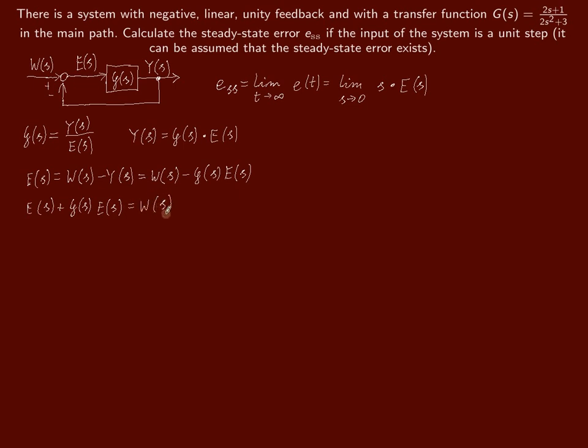I pull out e of s before the brackets, and divide by this bracket. This is the equation for the error function in such a control system.